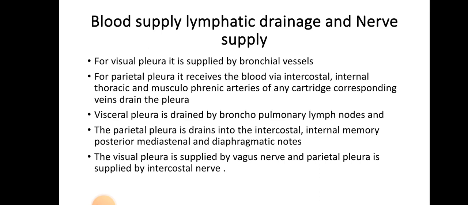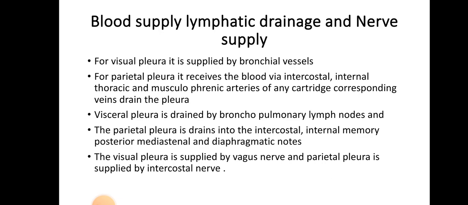Coming to the blood supply: for the visceral pleura, the inner layer, blood is supplied by bronchial vessels, and the parietal pleura receives blood from the intercostal, internal thoracic and musculophrenic arteries. Just remember intercostal: these are the blood vessels present between the ribs.